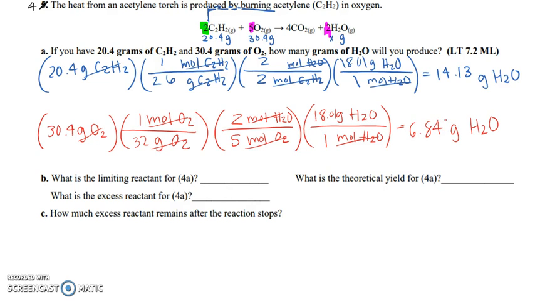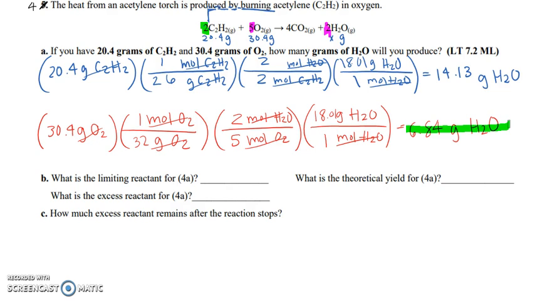Now, I need to identify what the limiting reactant is. If you think back to before when we defined limiting reactant, the limiting reactant hinders you from producing more product. It runs out first, right? It always produces the lower amount. So when I look at my answers here, the lower amount of product is 6.84 grams of water.